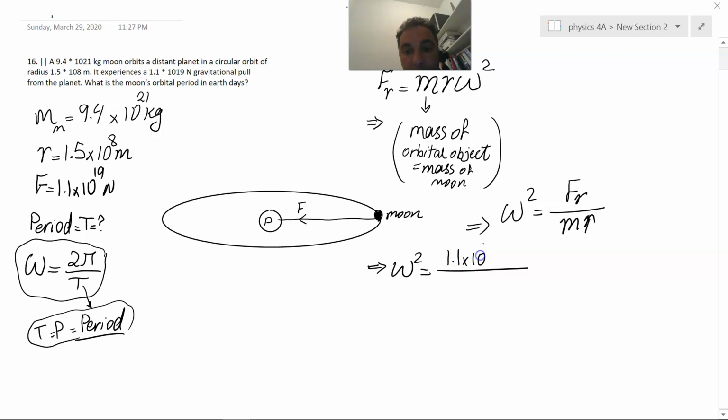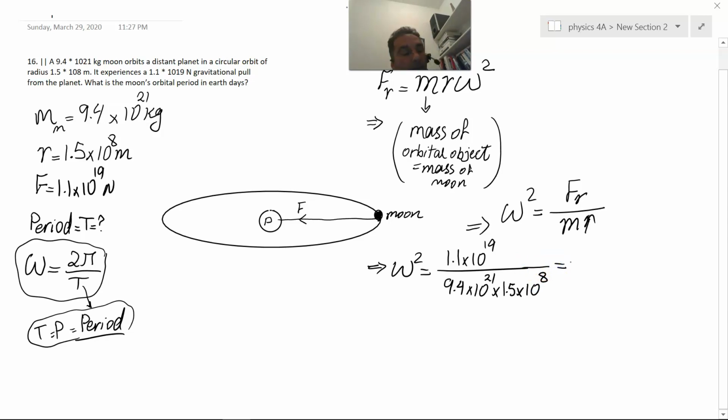So let's find omega square. Fr is 1.1 times 10 to 19. M is 9.4 times 10 to 21. And radius is 1.5 times 10 to 8.